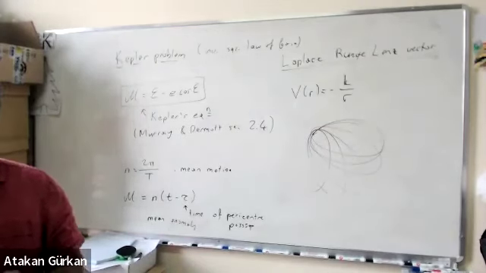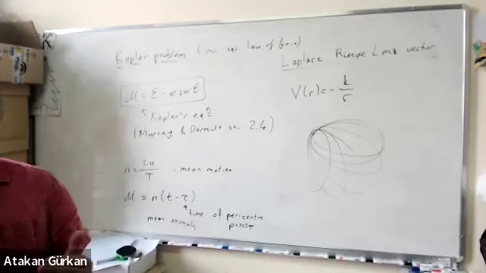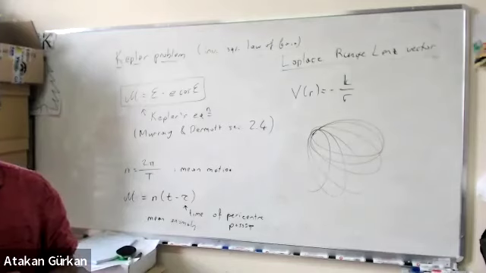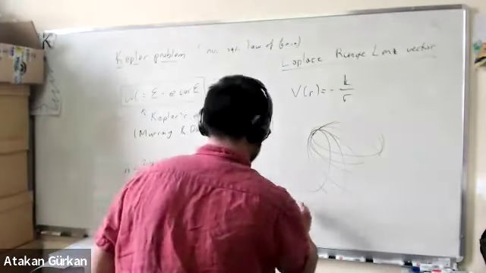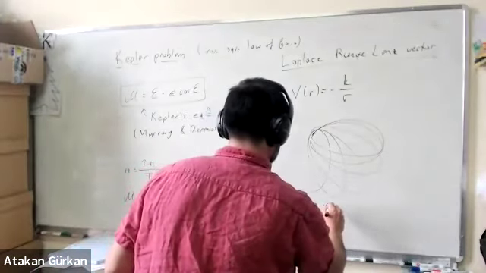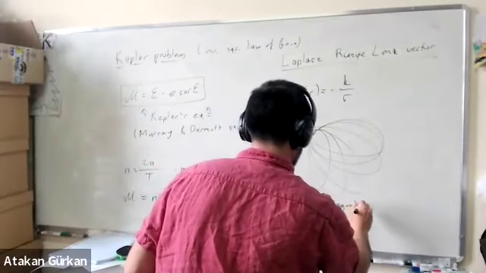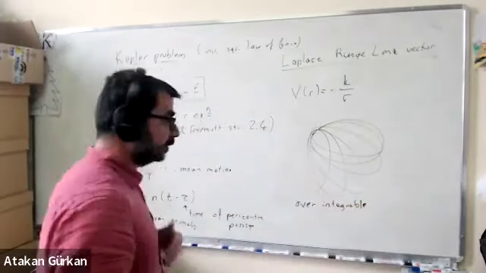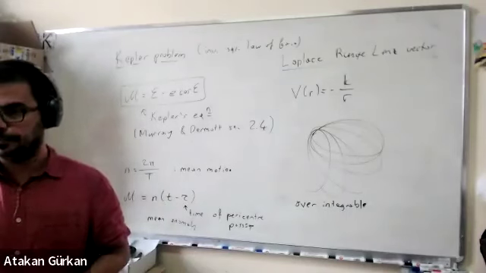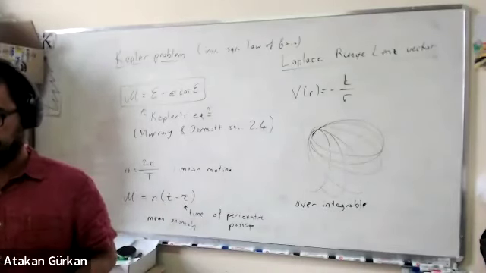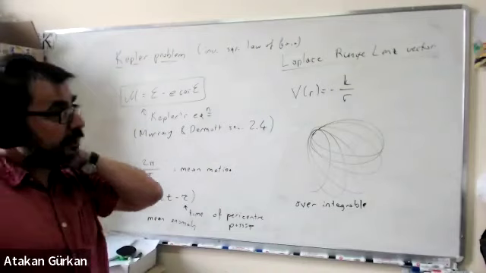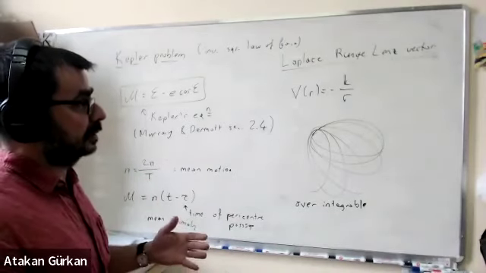The reason is it possesses an additional symmetry. The Kepler problem is one of a class of problems that are called over-integrable, meaning that after you find all the integrals of motion, there's still something else to find. You can approach this from other ways.